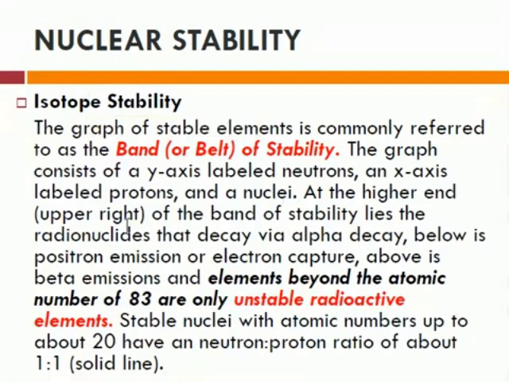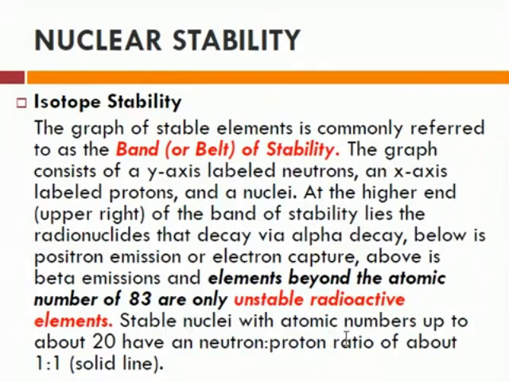At the higher end, or upper right, of the band of stability lie the radionuclides, which decay via alpha decay. Below is positron emission or electron capture. Above is beta emission. Elements with an atomic number greater than 83 are only unstable radioactive elements.